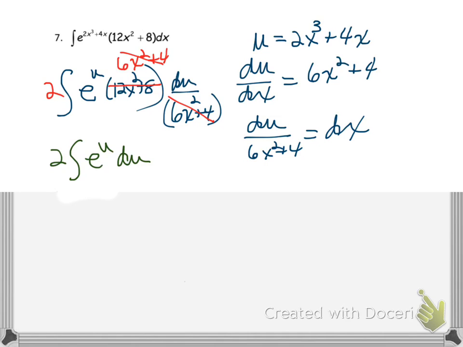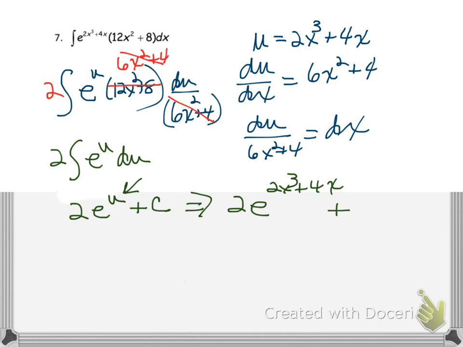So that's just going to be 2e to the u plus the constant of integration, but remember you have to switch back. So that really is 2e to the 2x cubed plus 4x plus your constant of integration. That's number 7. We've got one more in this section, so let's do that on the next page.